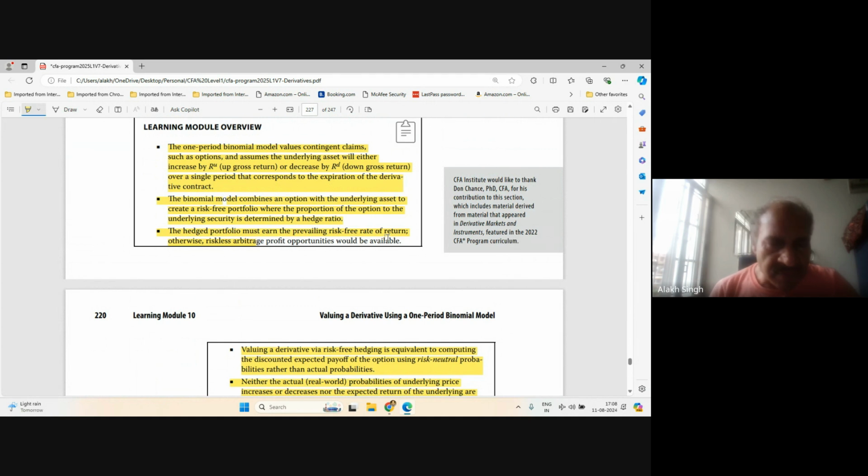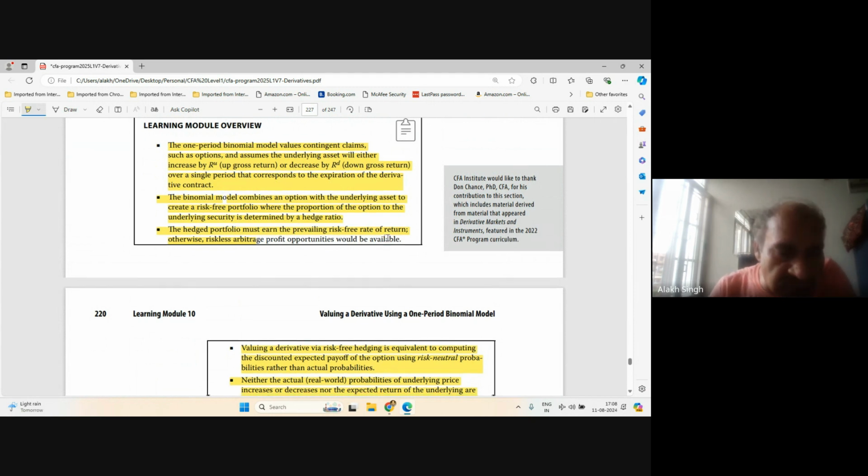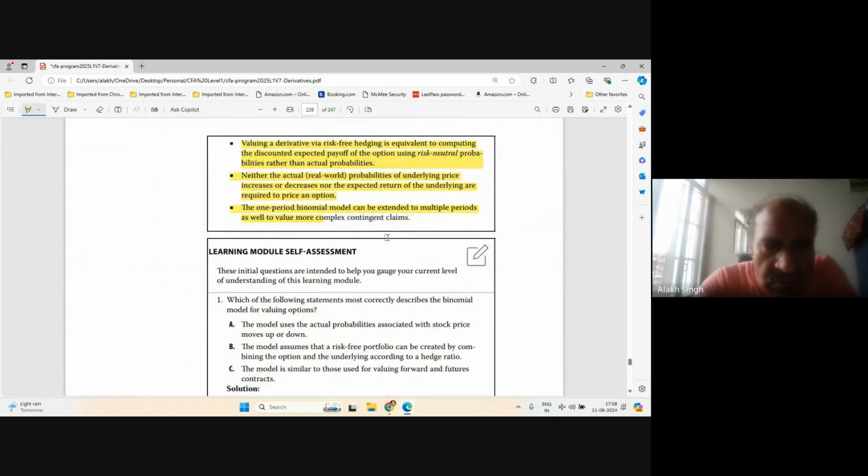So everywhere, whenever we are using no-arbitrage risk-free formulas, the portfolio must earn only the risk-free rate. Otherwise, if it earns less or more, then the arbitrageurs will enter.